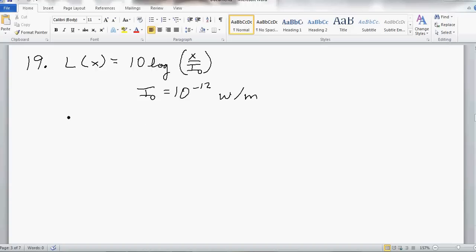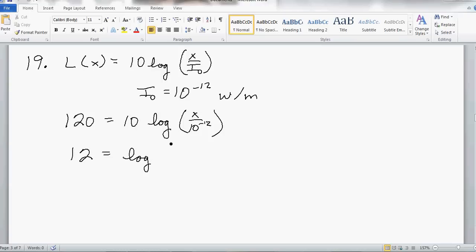Setting this equal to 120, 120 equals 10 logarithm of x over 10 to the negative 12. I'm just going to put that in now, because that's what I sub 0 means. Divide both sides by 10. So 12 equals the log of x over 10 to the negative 12. Now, we're in a logarithmic problem, and by the way, if there isn't a base here, it's understood to be a 10.